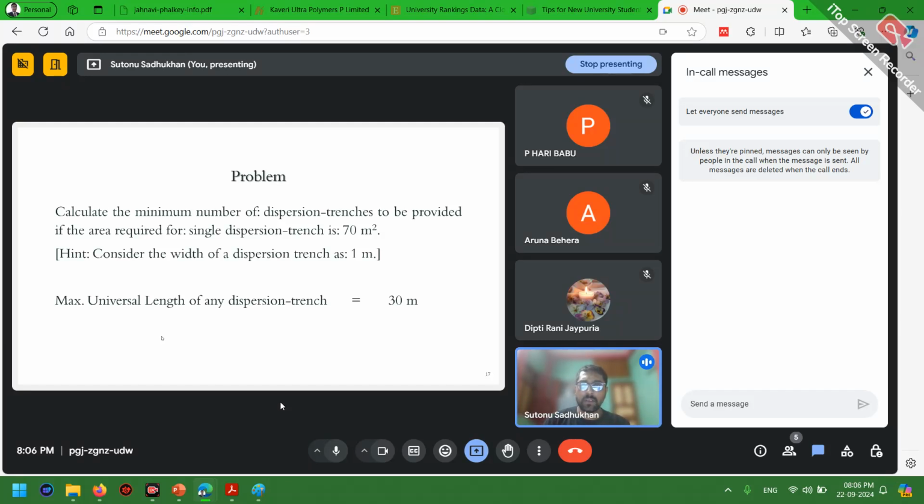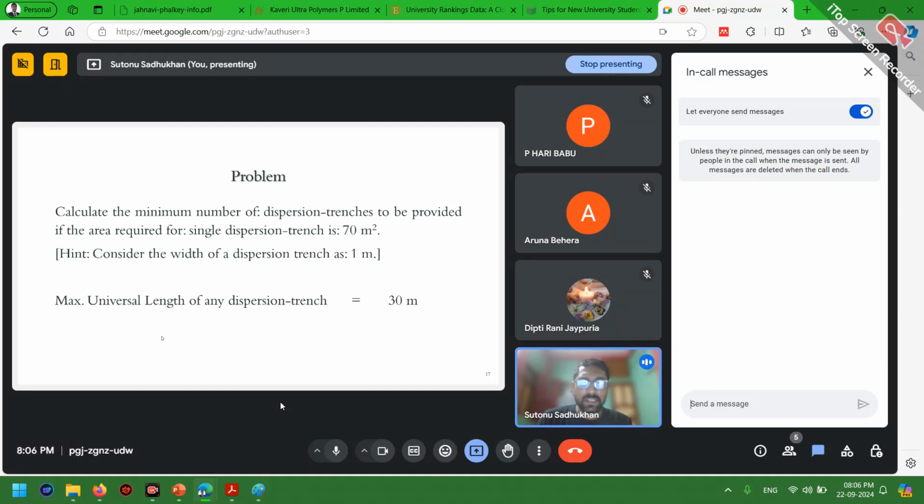If you want to calculate the minimum number of dispersion trenches, then you have to take the maximum length, right? If you minimize the length, then the number will increase. So the maximum universal length of any dispersion trench that you have to consider here was told by Dr. Pandit in his lecture. It is 30 meters.